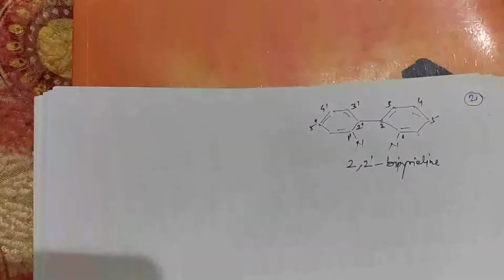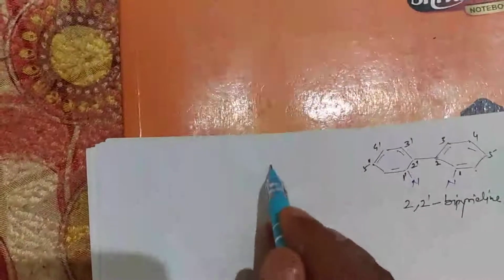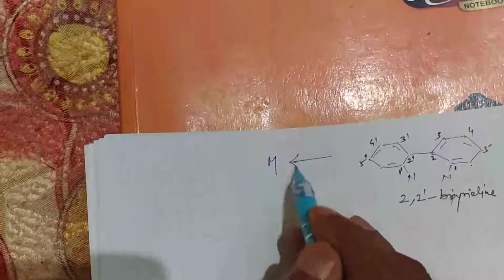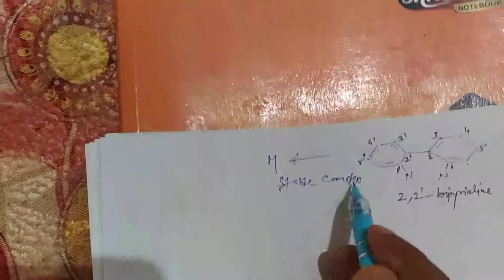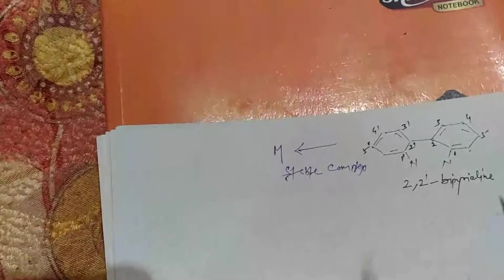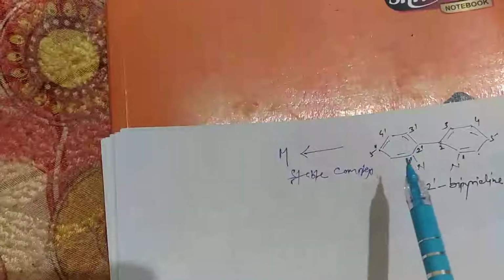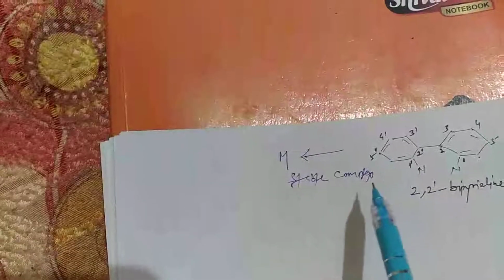Now the beauty of this ligand is what? Suppose this ligand is combined with a metal, it will give a stable complex. But what will happen when we substitute any of the positions, like 3, 4 or 5, by a methyl group or any substituent?